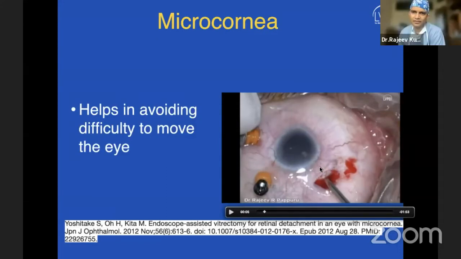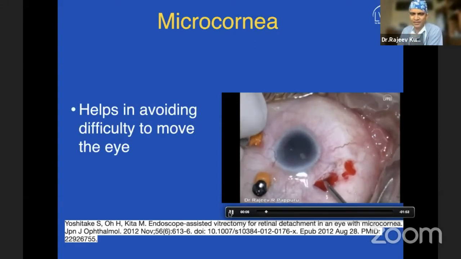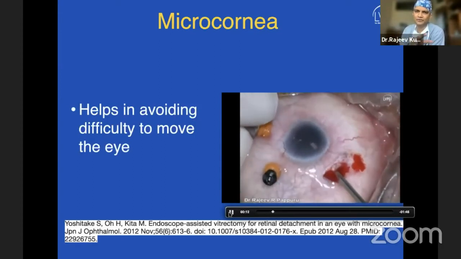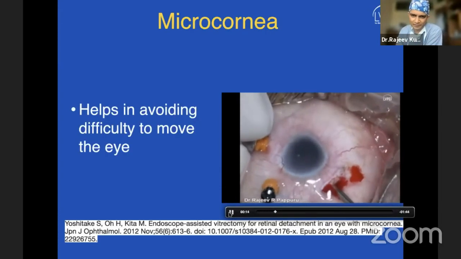If you put a BIOM lens in between, all your instruments are touching your BIOM lens edge. And the moment you want to move a little, you are going to move your lens, and that would result in moving of the image, and it goes off to the periphery. And anytime you want to see the periphery, you move it, and that goes off the view.